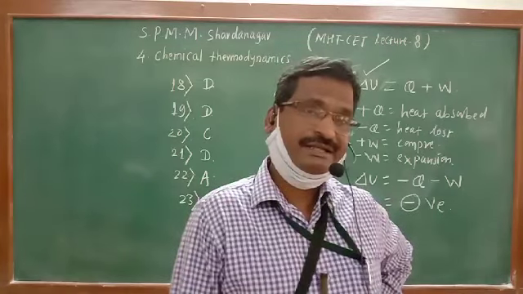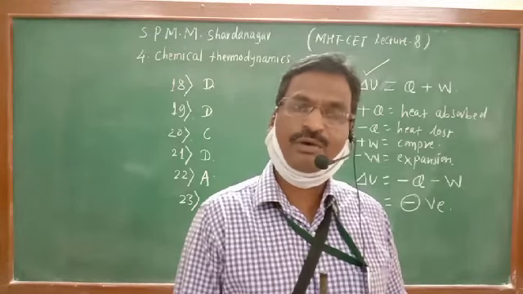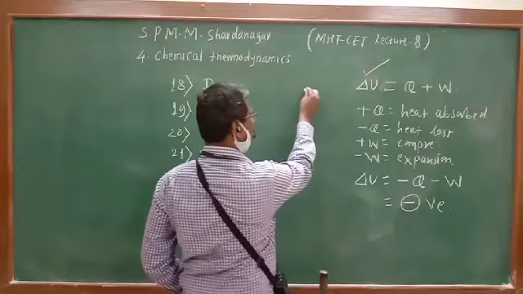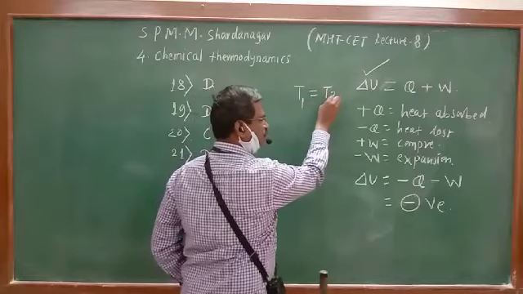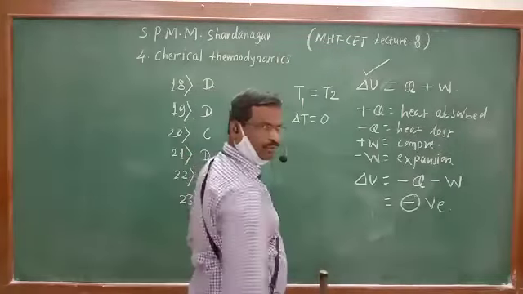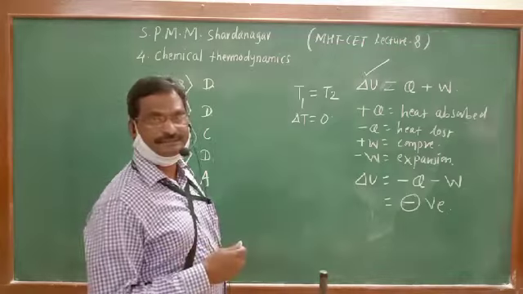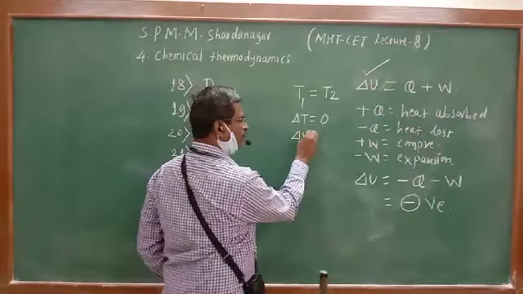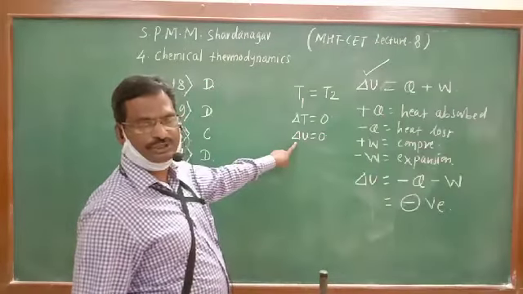There we have seen that isothermal processes are the processes which are carried out at constant temperature. So T1 is equal to T2. Therefore, change in temperature is 0. And temperature directly affects the magnitude of internal energy. Therefore, for isothermal process, delta U is also equal to 0.